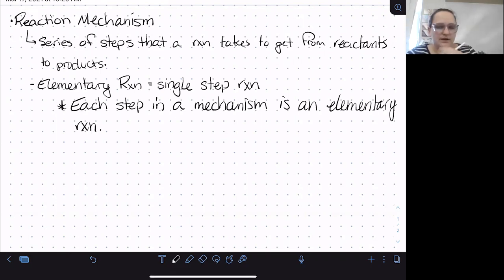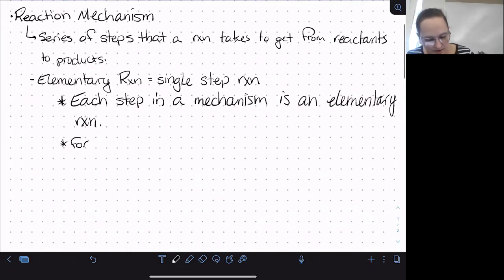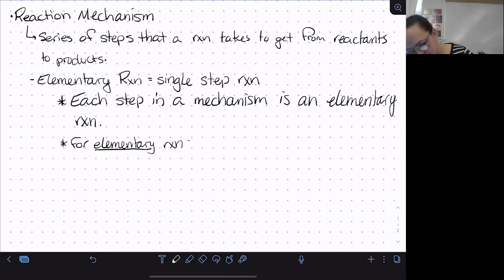And what is kind of special about elementary reactions is that for elementary reactions, and for elementary reactions only, we can actually write the rate law based just on the stoichiometry of the reaction.